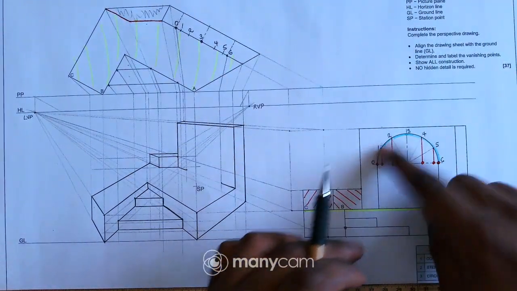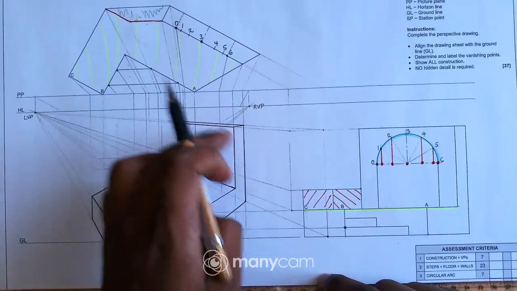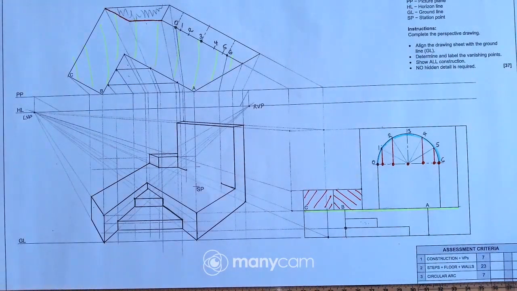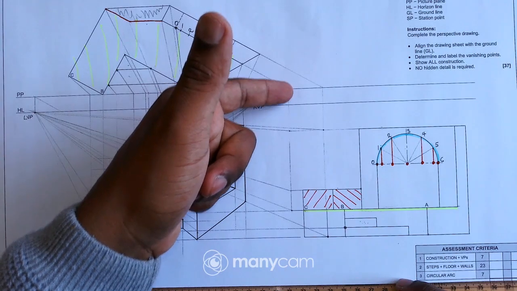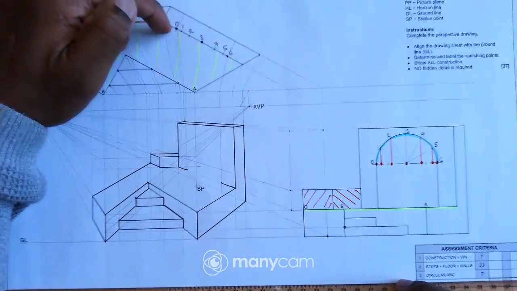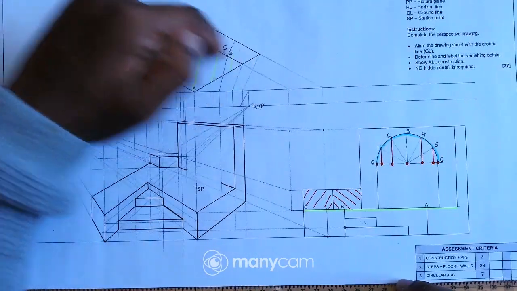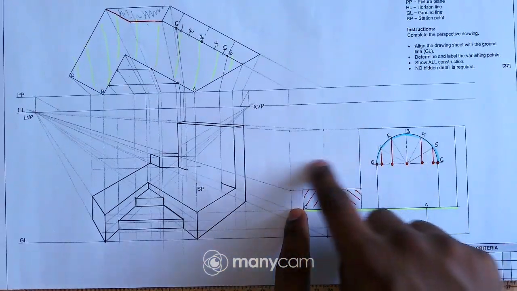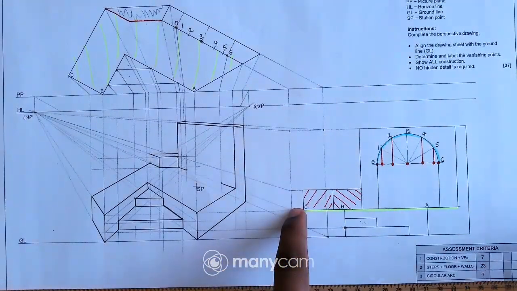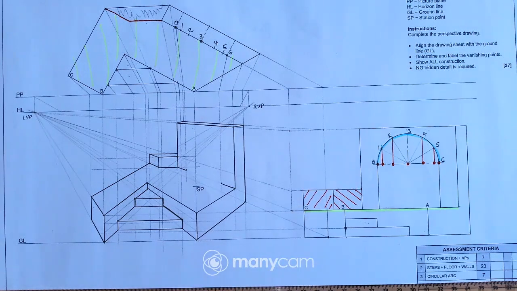I'm trying to draw this arc on my perspective drawing, right? Okay, so now my focus will be on this vertical line, because the arc starts there on that line. So my focus will be on this line. I'll just project all those points to this line, right, horizontally.